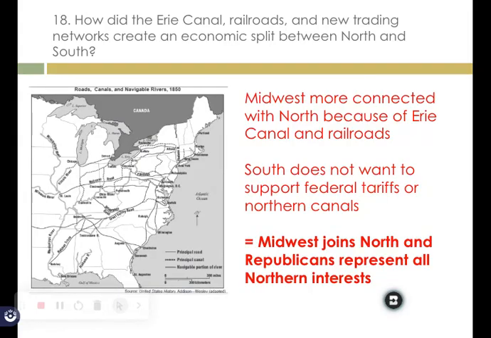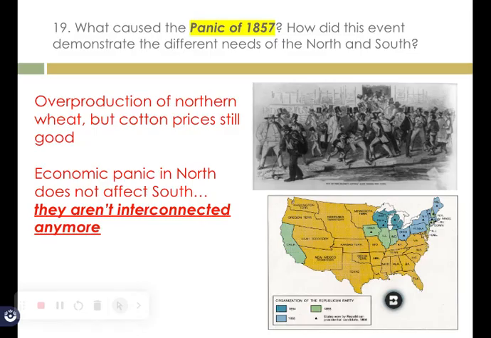Now, this division becomes more evident in the Panic of 1857. So the Panic of 1857 occurs with overproduction of northern wheat. Okay, so there's too much wheat that is being produced in the North, probably in those breadbasket states. And when you overproduce something, the prices go down and the economy goes down in turn, okay?